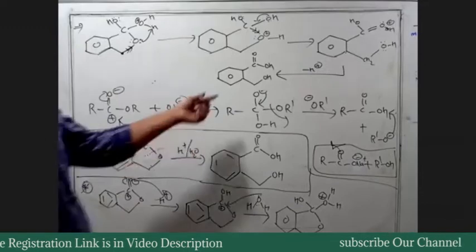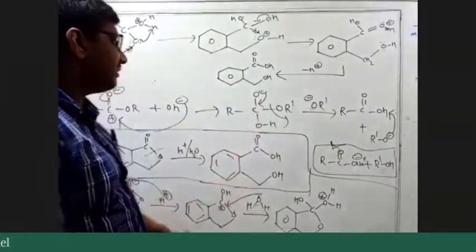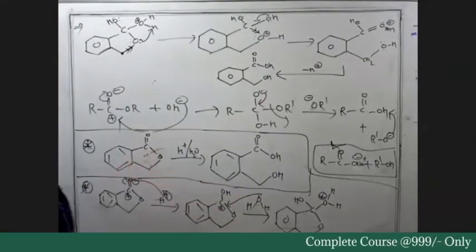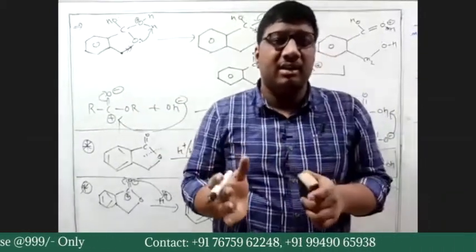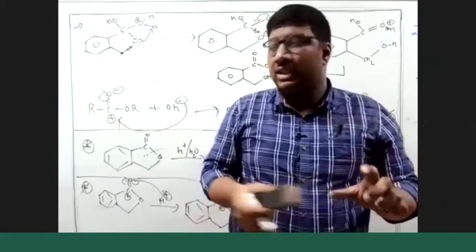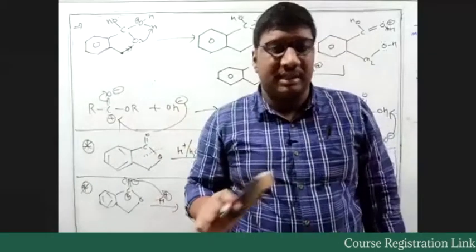Okay, the same molecule. Look at this, same molecule. The product is the same. All you need to do is simply break the ester bond, that is, the C double bond and oxygen bond we have. That bond you break, and for the C double bond you add OH, and for oxygen you add hydrogen. That's it.